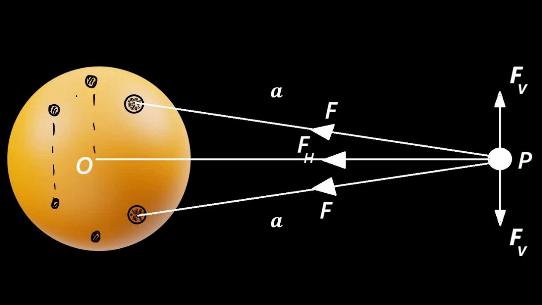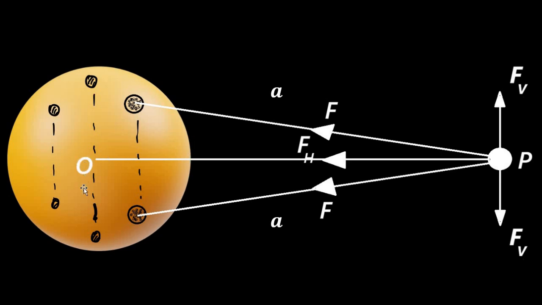They will have the same masses and they will exert forces on point P where their vertical components will cancel each other out and the horizontal components will get added together, and the net gravitational force acting on the point mass P will always be directed from the point mass P towards the center of the sphere O.